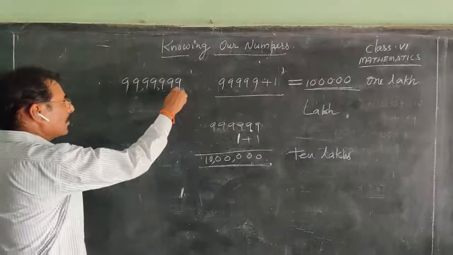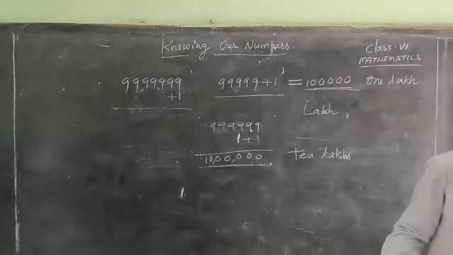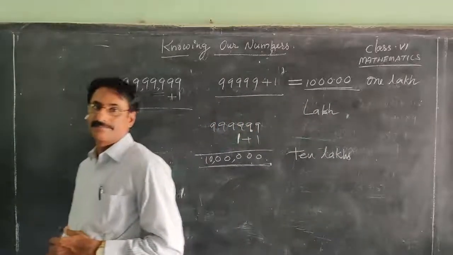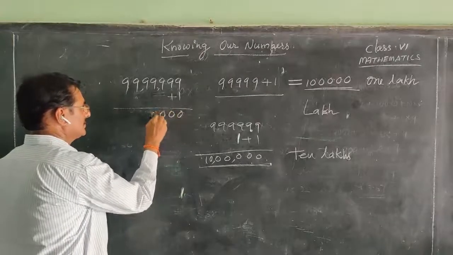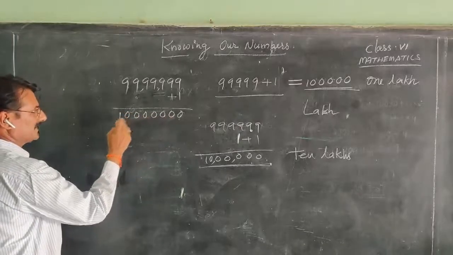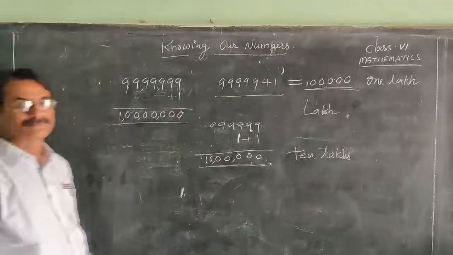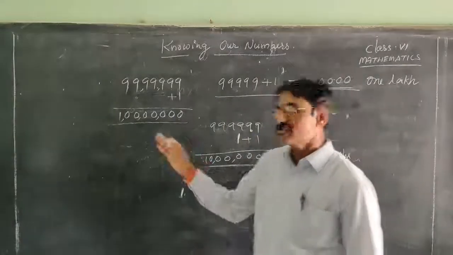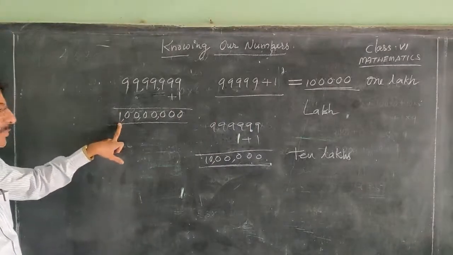If we add 1 to this one, what happens? It is an 8-digit number. 1, 0, 0, 0, 0, 0, 0, 0. 1, 2, 3, 4, 5, 6, 7, 8. What is the next new place? Crore.